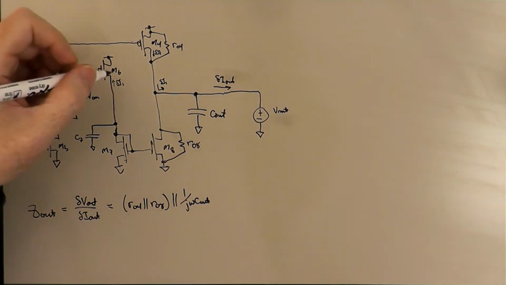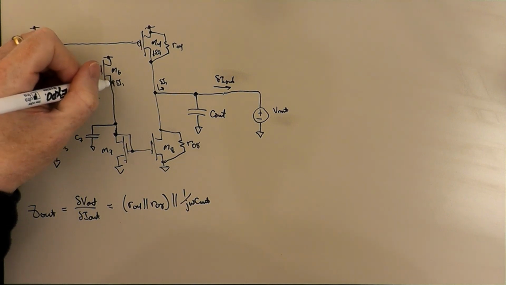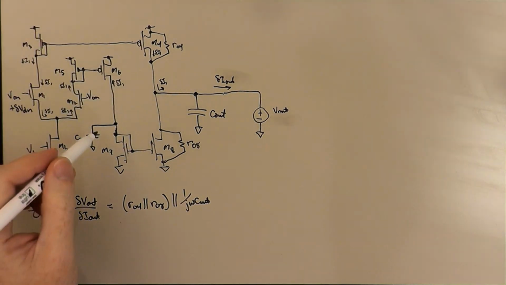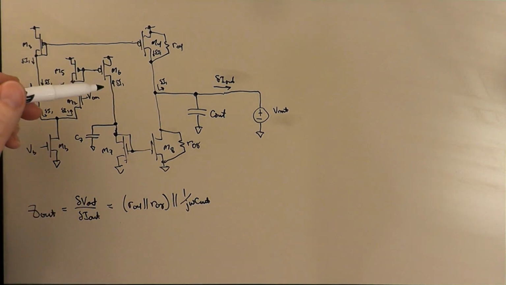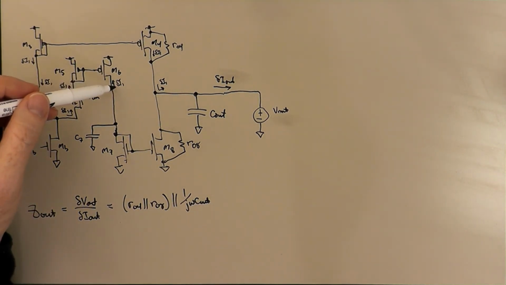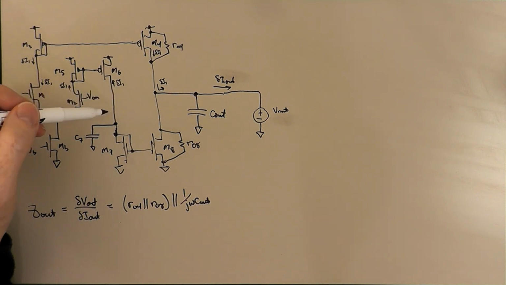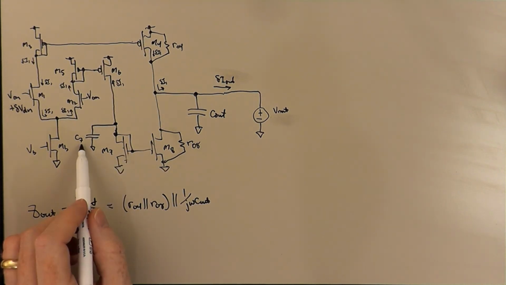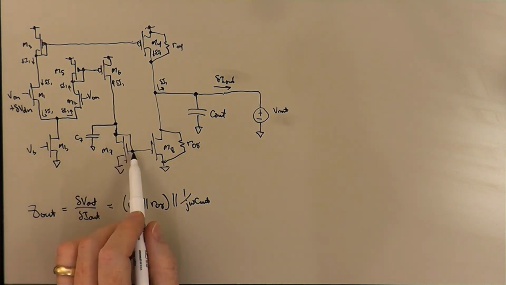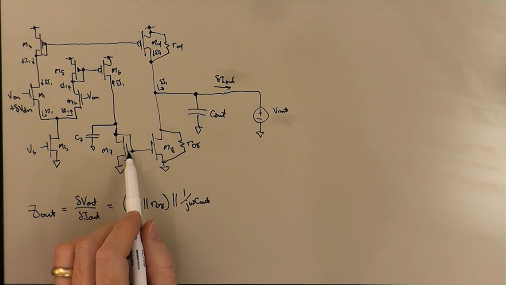So here's where things start to get a little more interesting, because we come now to the node that C7 is connected to. And we've got to say, where is this current delta I1 coming from? Well, it's coming from basically two places. It can come from C7, or it can come from the current mirror, M7, M8.